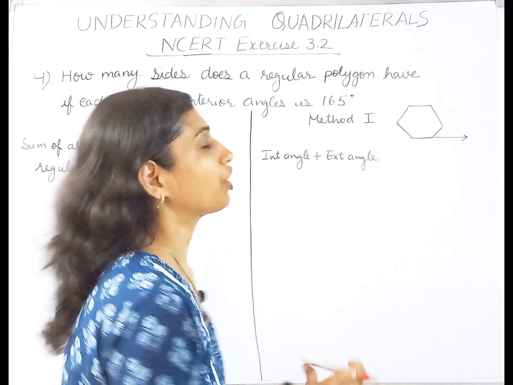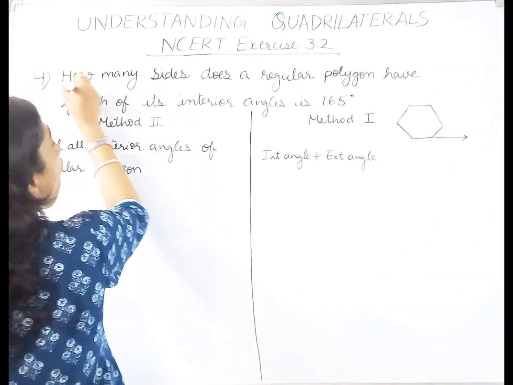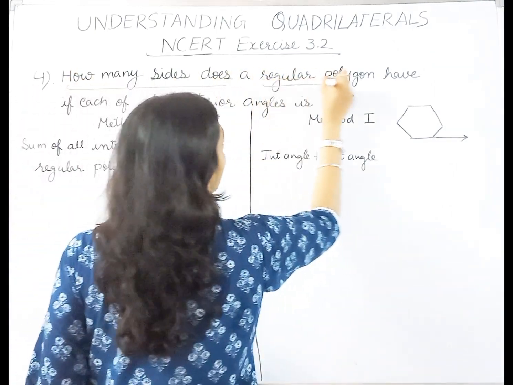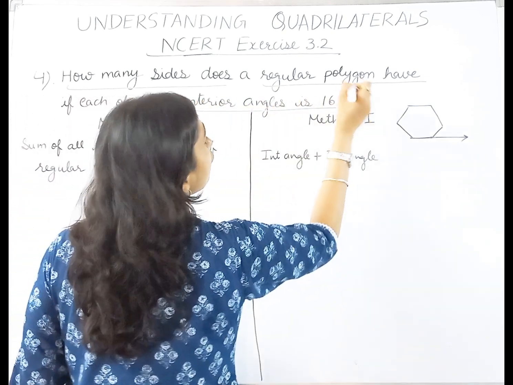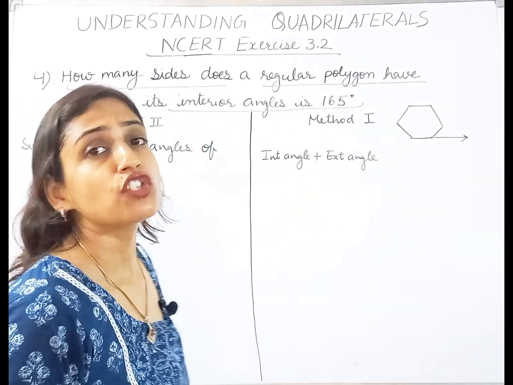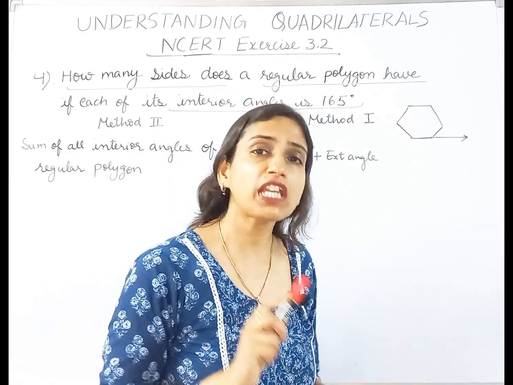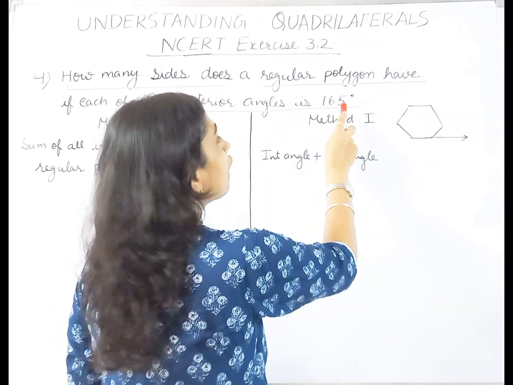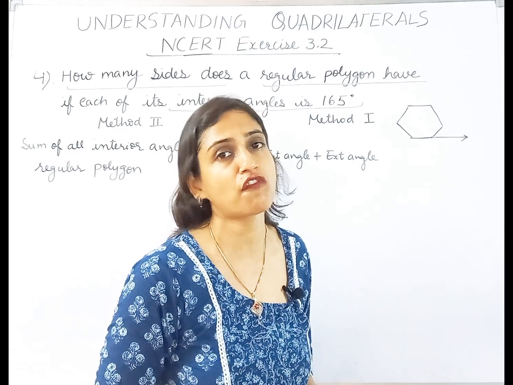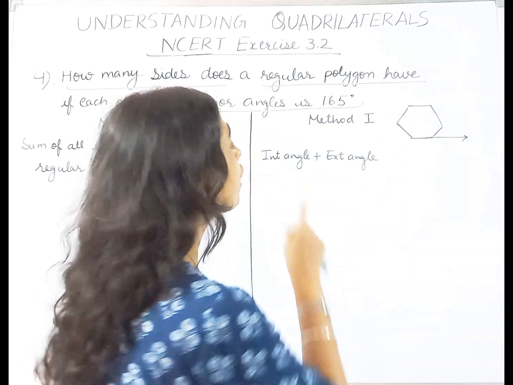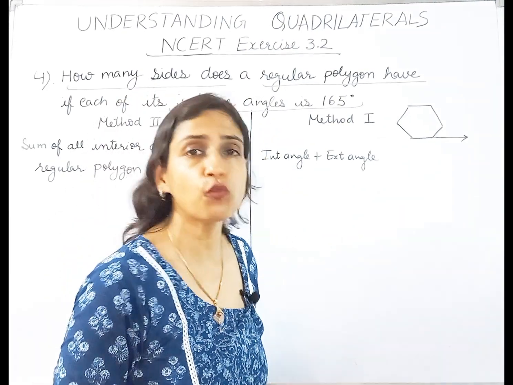The fourth question of the exercise is, how many sides does a regular polygon have if each of its interior angles is 165 degrees? So now we are given the value of each interior angle, 165 degrees, and we have to find the number of sides of a regular polygon. We can solve this question by two methods.